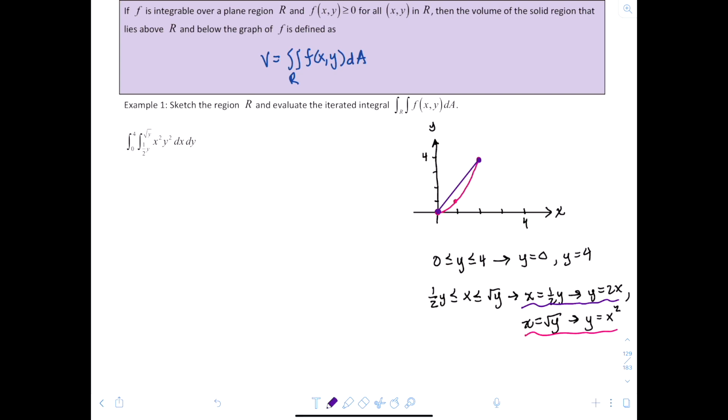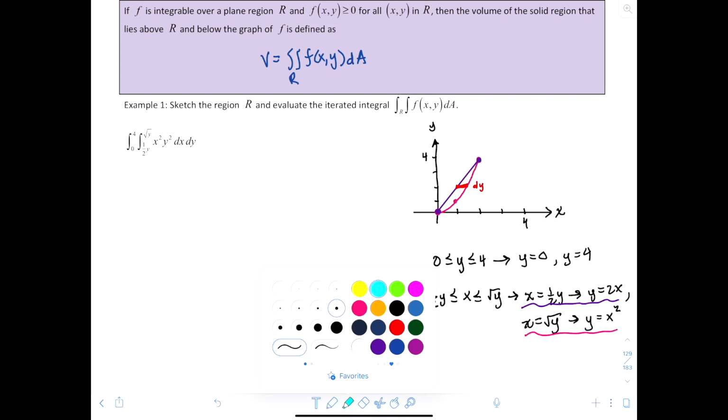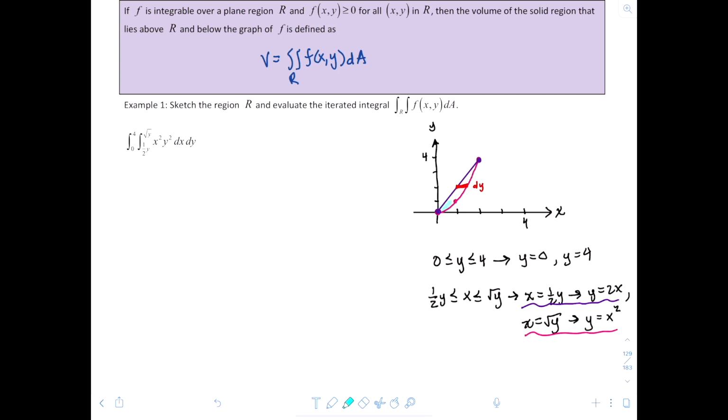Now, here, that represents the area. Our little rectangle is going to be a dy. And of course, this here is our region R.